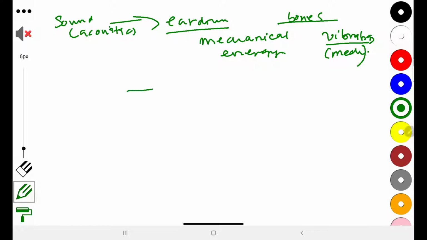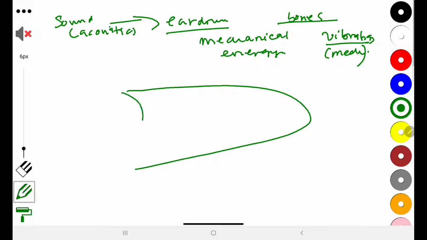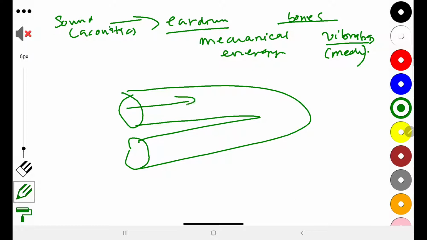Once the tectorial membrane moves, so what we have there is this. You have the vibrations coming in, and then this will move depending on which part. Let's say it's a low sound. Immediately after the helicotrema, you have this vibration that happens. Once this moves, it means that the organs of Corti centered around this area are going to vibrate.